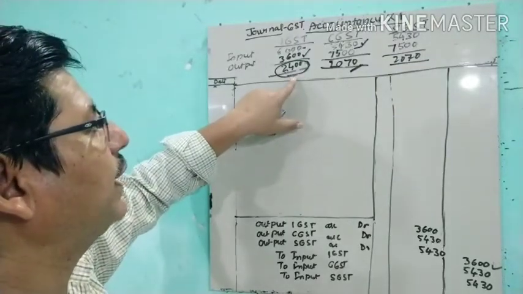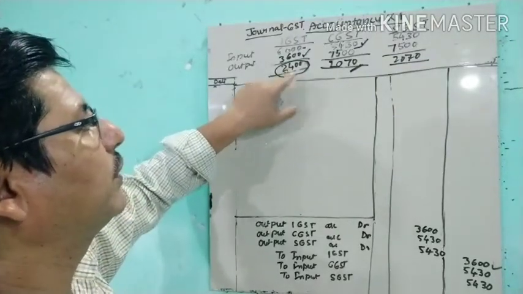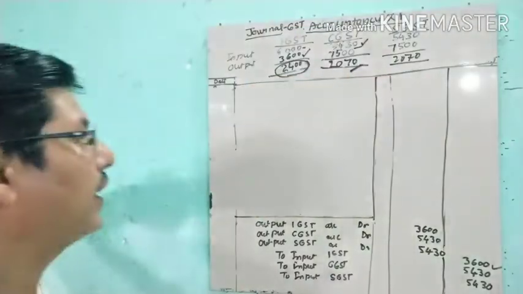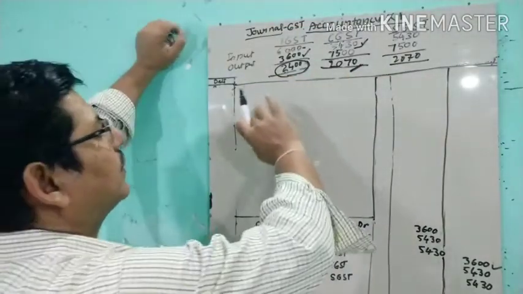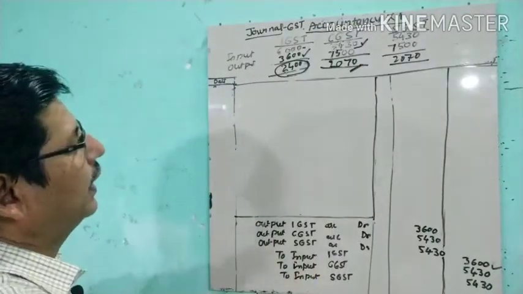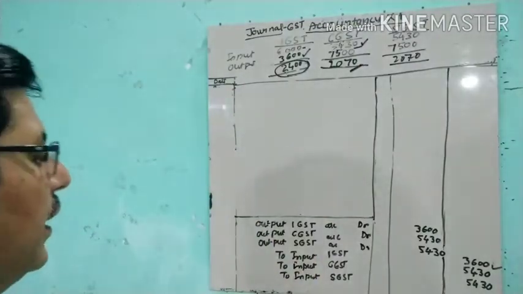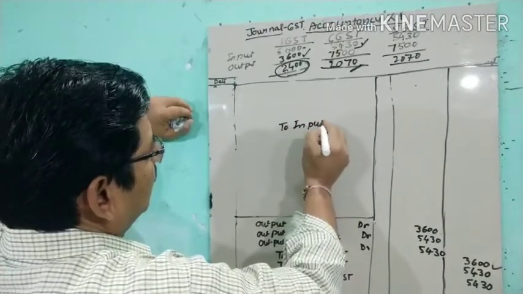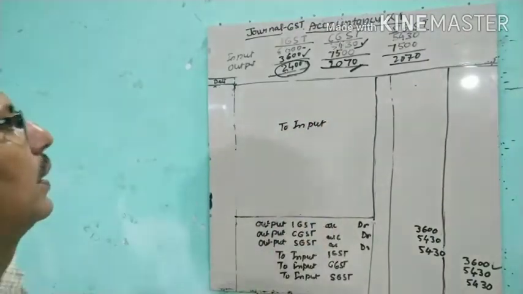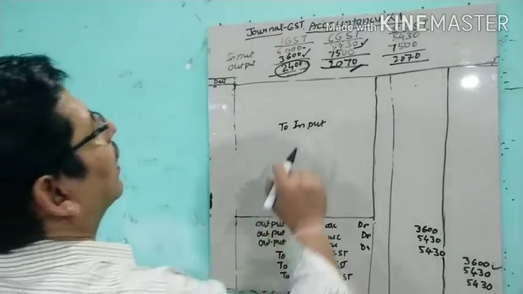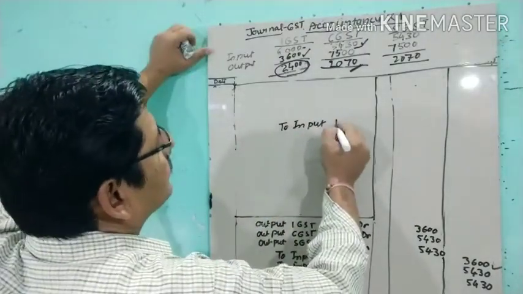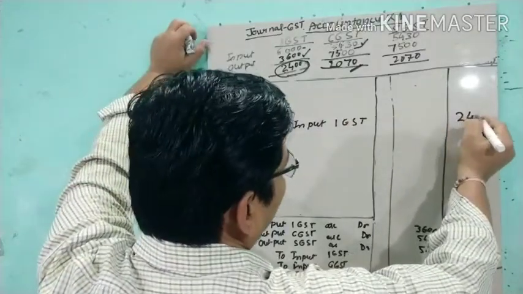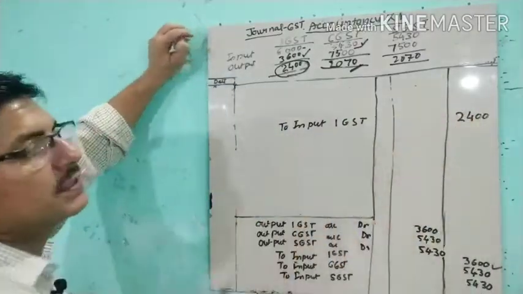So first of all we have to adjust this amount, because this we have to receive, against this we will adjust. Now what amount remained? Input IGST remained 2,400.